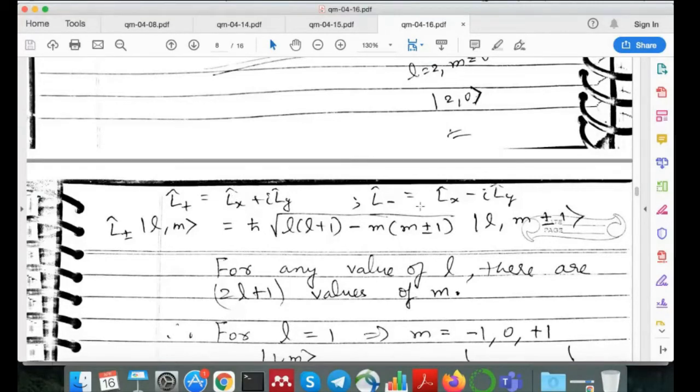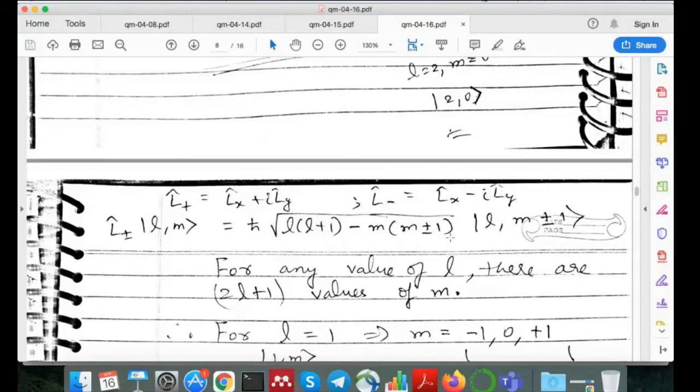Okay, so that would be your eigenvalue. And the state would change from L comma m to L comma m plus 1. So that's why we say that it is a ladder operator. So if you apply this L plus operator on L comma m, you are changing the state from m to m plus 1. So you're going one up in the m state. Okay, and if you apply the L minus operator, you are going one down in the m state. The state that you are getting is L comma m minus 1.